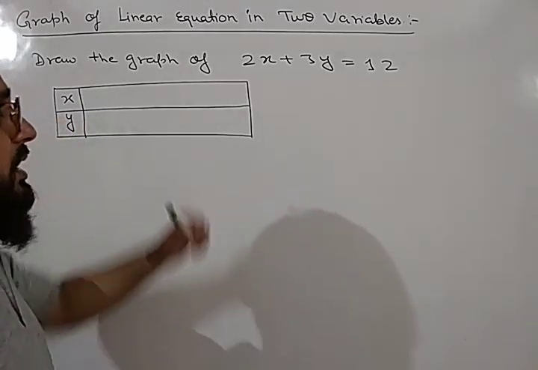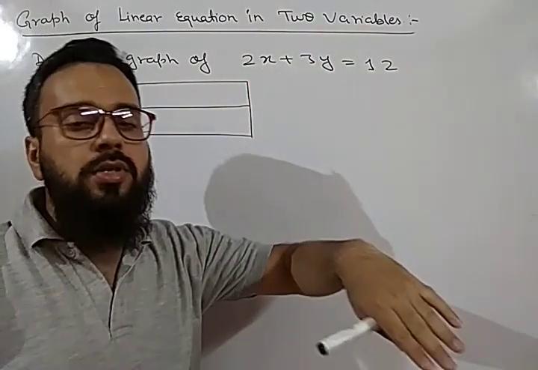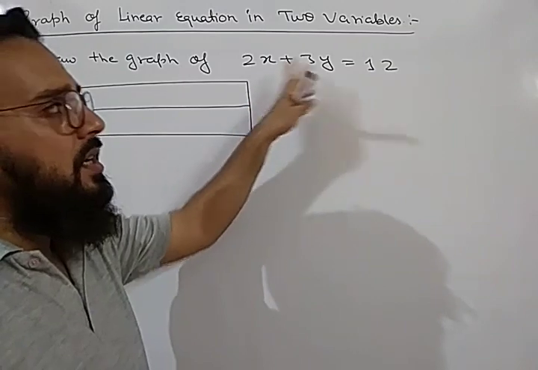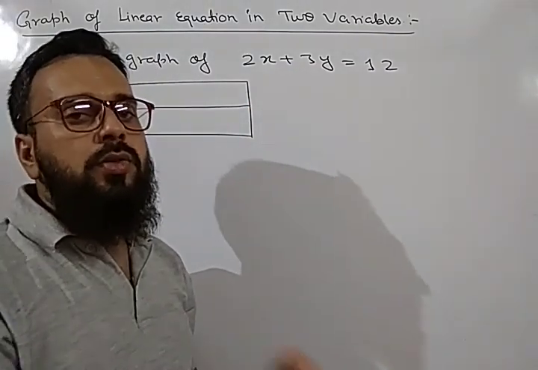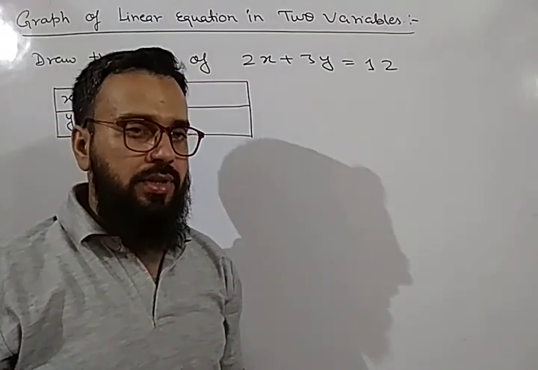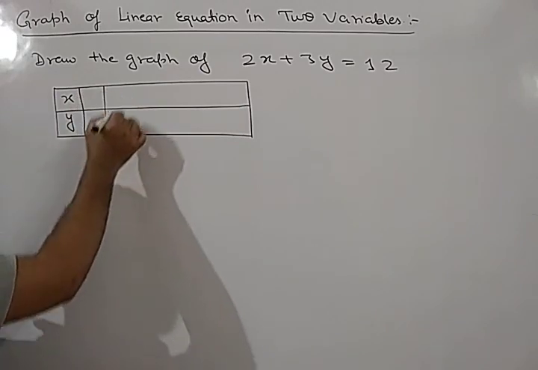Then we will put different values of x, as we have discussed in our previous exercise also, that when we put the value of x, we get another value of y. That is one set of ordered pair, which is also known as the solution of the linear equation. So we will draw a table of x and y, and put different values here.